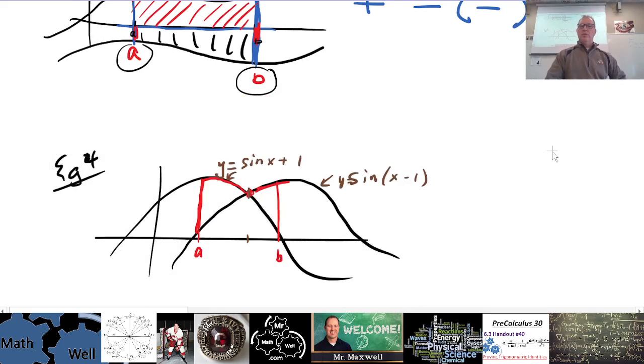So I'm going to just pause here for a moment. And if we had something like this, we have y equals sine x plus 1 as one function. And then y equals sine of x minus 1. That's a sine function that's shifted over to the right.